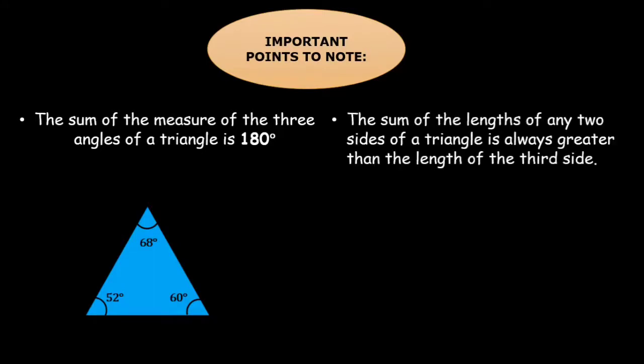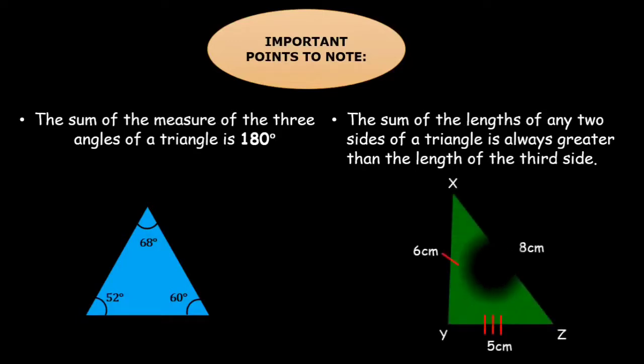Then the second point that you should note is that the sum of the lengths of any two sides of a triangle is always greater than the length of the third side. So if I add 6 and 8, it will be greater than the third side, that is 5 centimeter. If I add 8 and 5, it will be greater than this side, that is 6 centimeter.